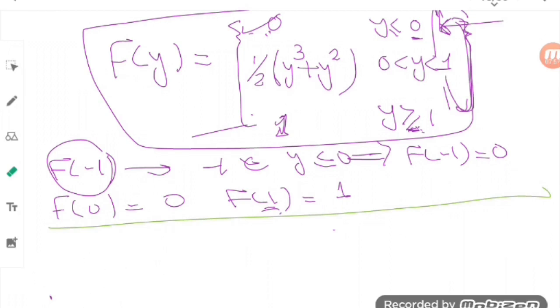So to find this probability, we need to find the probability that y is less than or equal to half, which equals capital F at y equal to half.